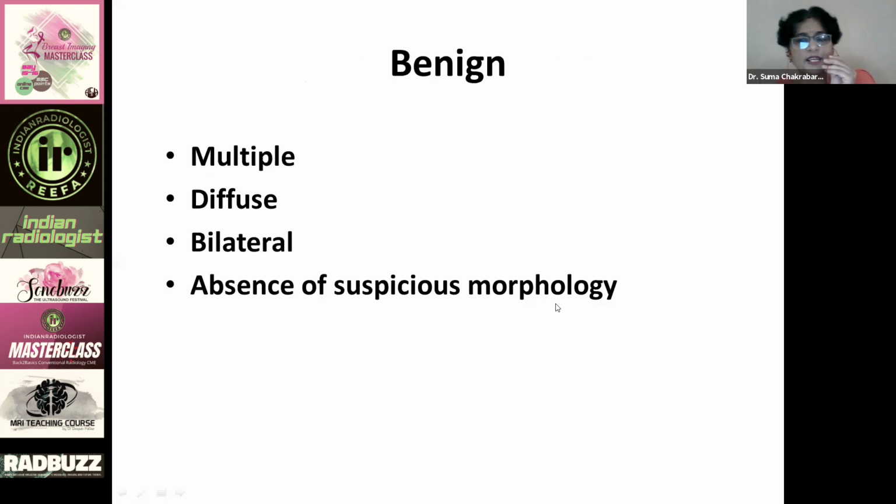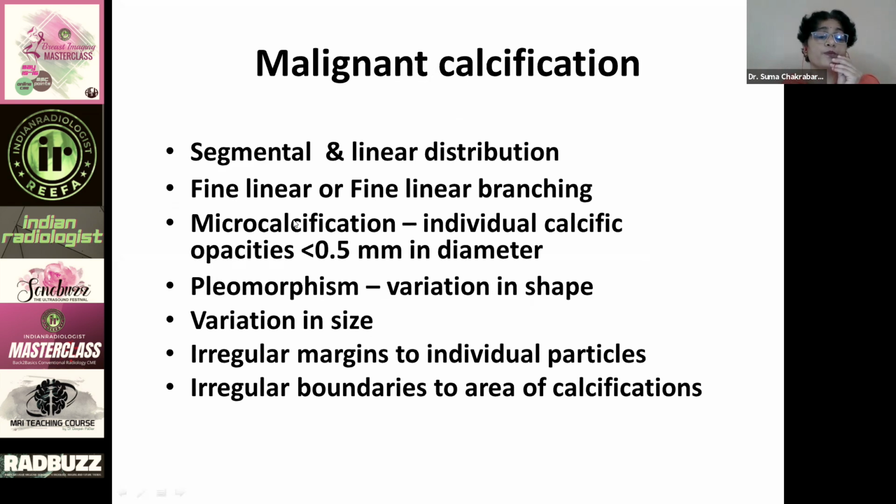In general, forgetting BIRADS for a moment, if you have calcifications in the breast which are multiple, diffuse, bilateral, and morphology looks not suspicious, then they tend to be benign. On the other hand, if you have a bad distribution pattern, like segmental or linear distribution, bad morphology, like fine linear or fine linear branching, small microcalcifications, and calcifications are called microcalcifications if they're less than 0.5 millimeters in diameter.